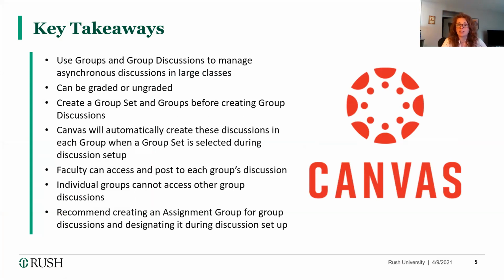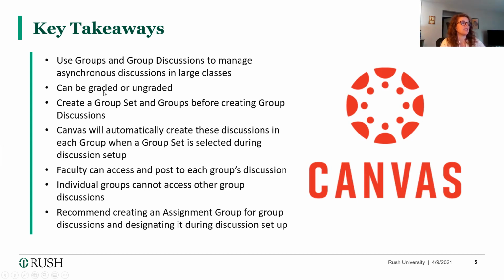So say you have a class of 50 or more, best practice recommends that students are put into smaller groups so they can more easily interact with each other, and you can more easily facilitate those discussions. So it would be recommended to break down these larger classes into smaller groups for the purposes of group discussion as a best practice and the best way of managing asynchronous discussions in your large classes.